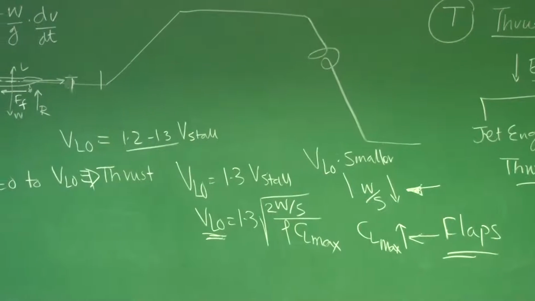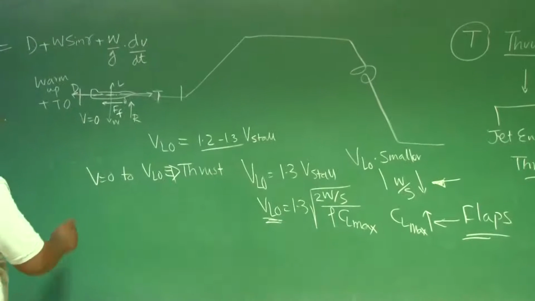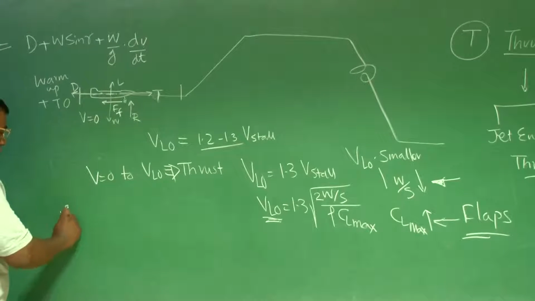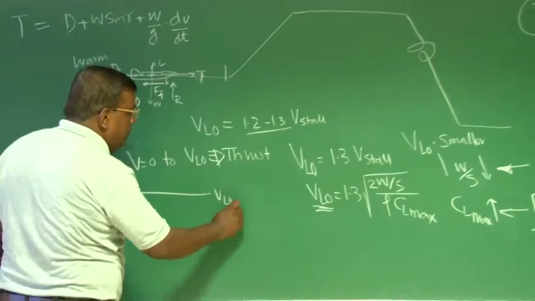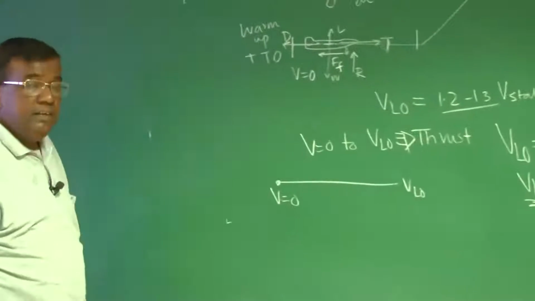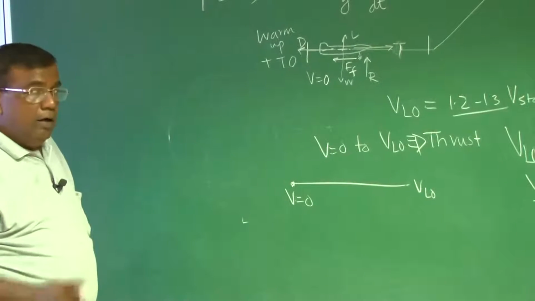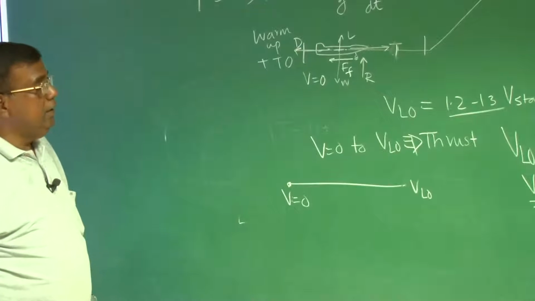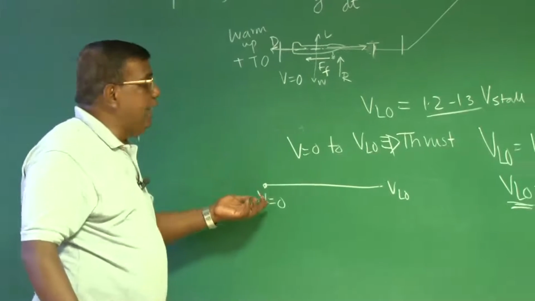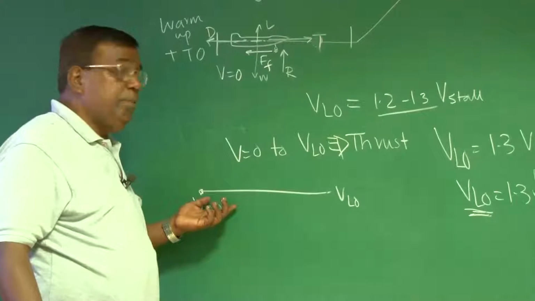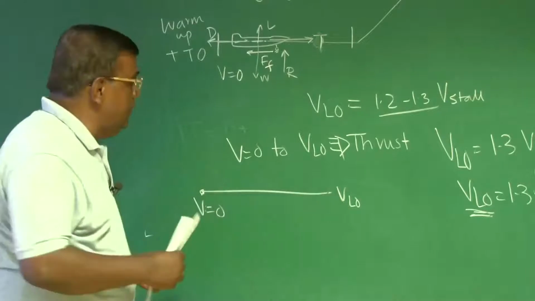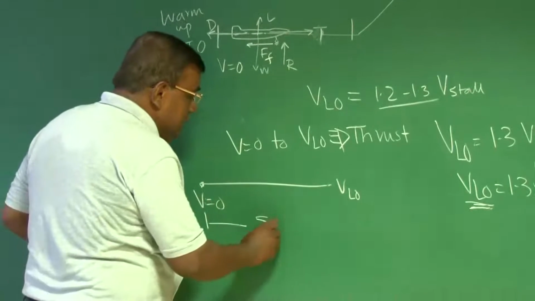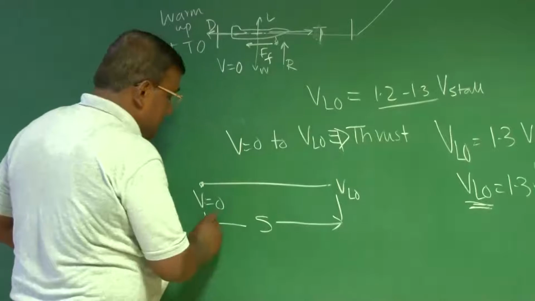Today what we are trying to understand is, once we agree I need to achieve V equal to 0 to V equal to liftoff, then implicitly we also say that I need to accelerate this airplane from V equal to 0 to V liftoff as early as possible so that this distance is less.